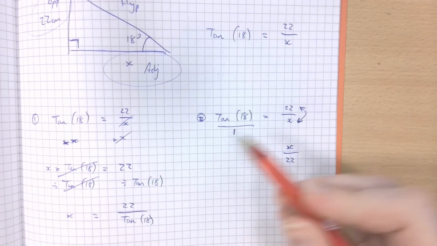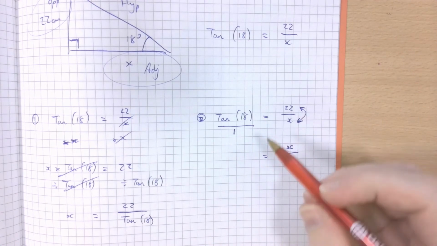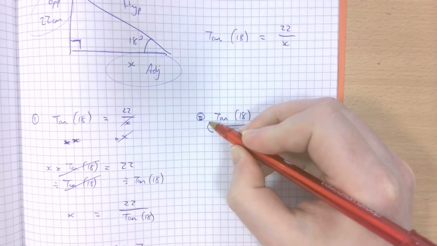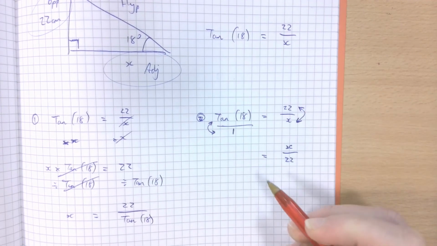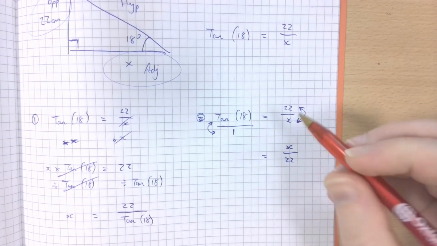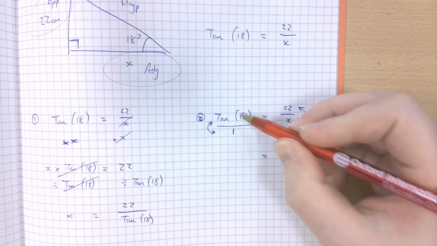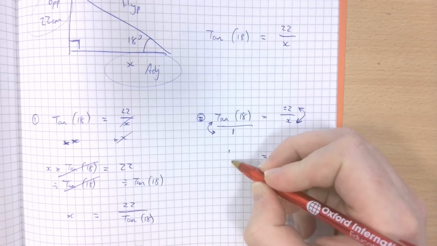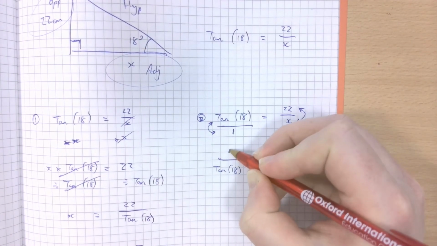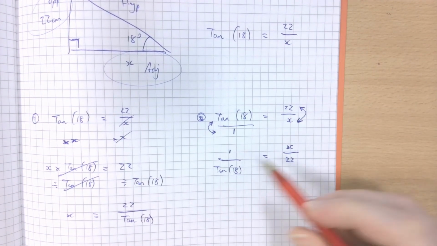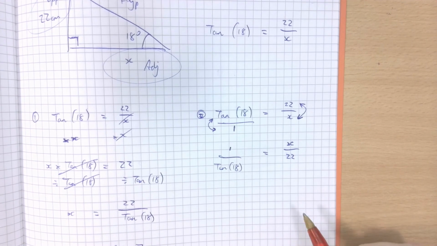But the other side of the equation here needs to have the same thing done. I need to flip the fraction on the other side of the equation to keep things equal. So 1 goes to the numerator, tan 18 goes to the denominator. 1 over tan of 18 is what the left-hand side has to become in order to be equal to what's on the right-hand side.